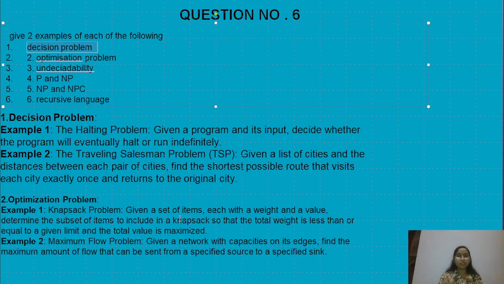So our weight should be as minimum as possible and our value should be as maximized as possible. Example number 2, the maximum flow problem, in which we are given a network with capacities on its edges. We have to find the maximum amount of flow that can be sent from a specific source to a specific sink.